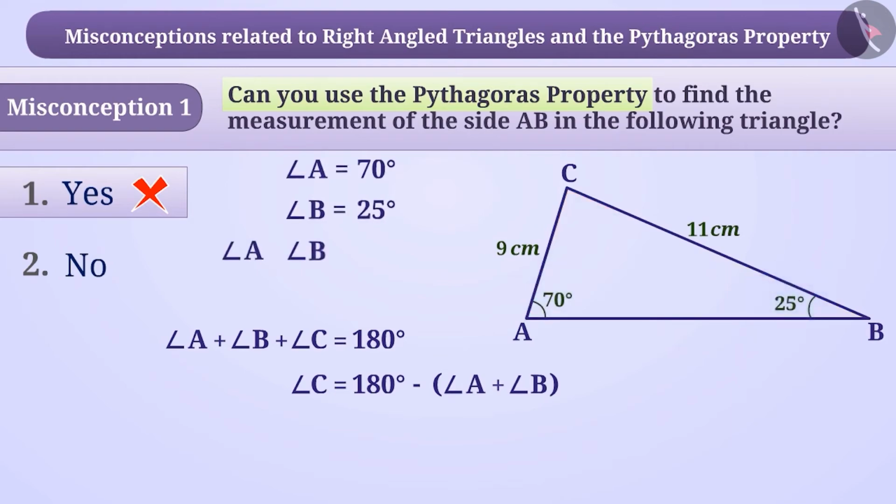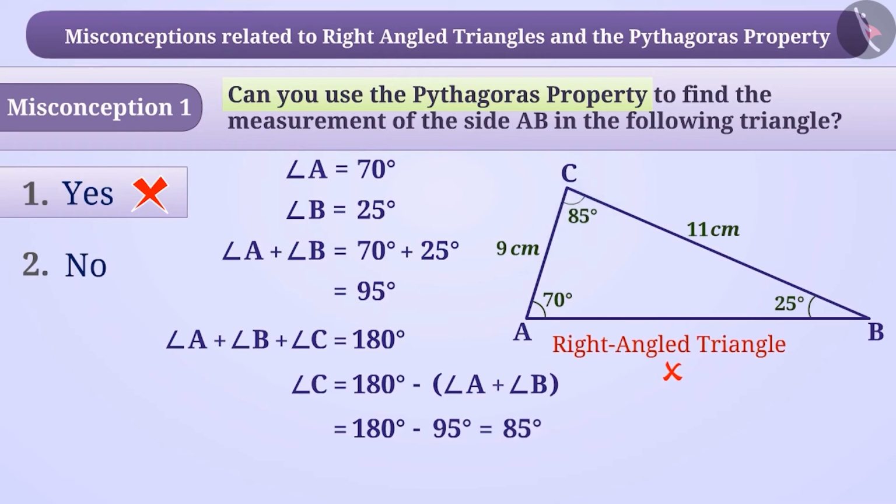Here, the sum of angle A and angle B is 70 degrees plus 25 degrees, which is equal to 95 degrees. Therefore, the measurement of the third angle is 180 degrees minus 95 degrees, which is equal to 85 degrees. Since none of the angles here is a right angle, the triangle shown here is not a right-angle triangle. Since this is not a right-angle triangle, we cannot use the Pythagoras property. Here the correct answer is option 2.